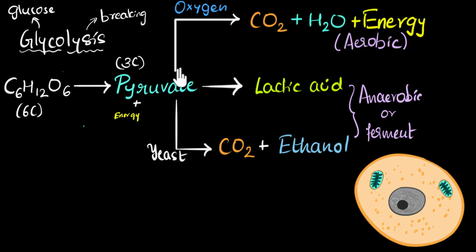On the other hand, if we want aerobic respiration, then that happens inside the mitochondria. So if you want aerobic respiration, once the glycolysis happens in the cytoplasm, the pyruvate has to enter into the mitochondria. And then oxygen also has to enter into the mitochondria, and that's where this reaction takes place.